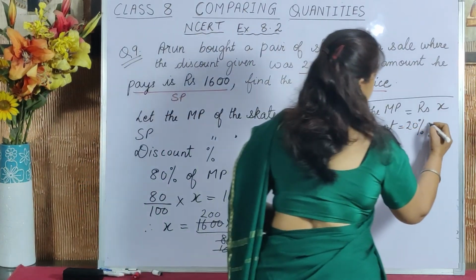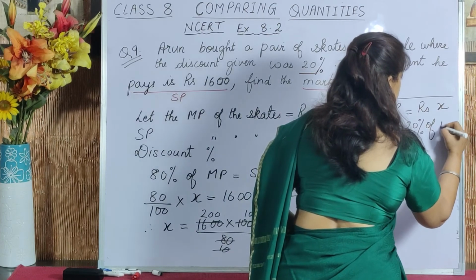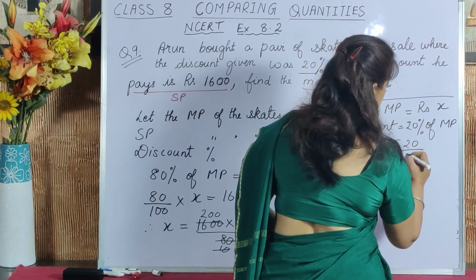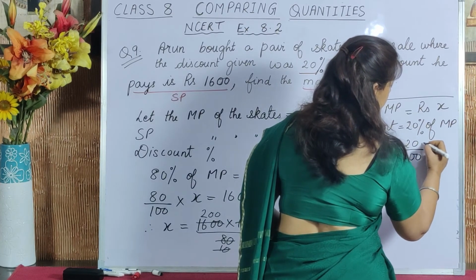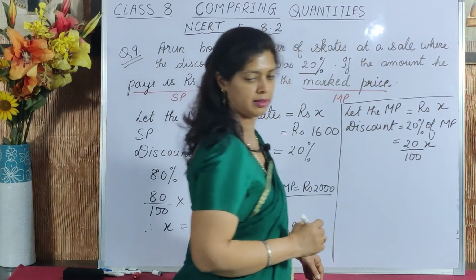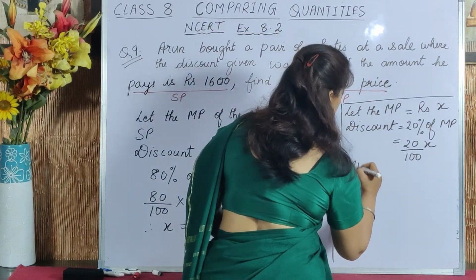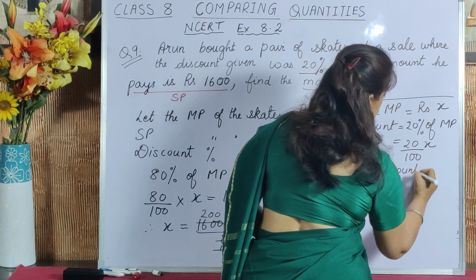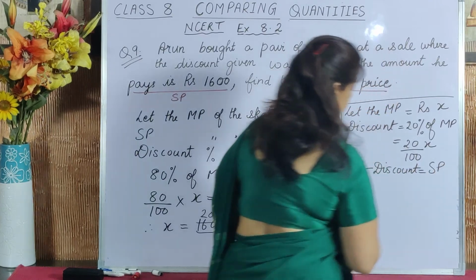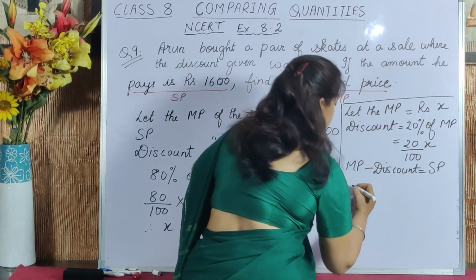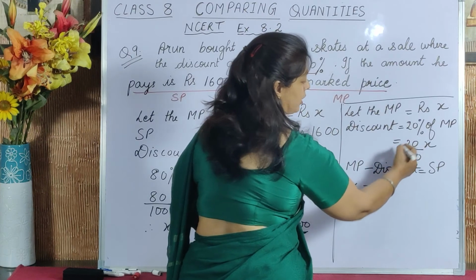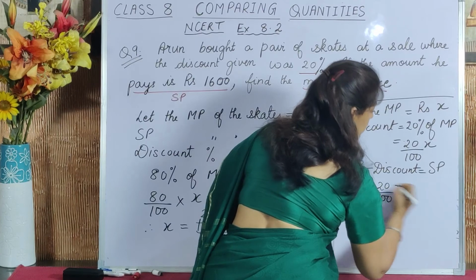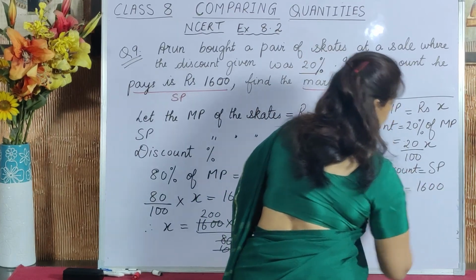So 20% of marked price, in this case marked price is X. So 20 upon 100 multiplied by X. So that gives 20 upon 100 X. So we know that the marked price minus the discount will give us the sale price. So marked price we have taken as X minus discount is 20 upon 100X, which is equal to the sale price, that is 1600.